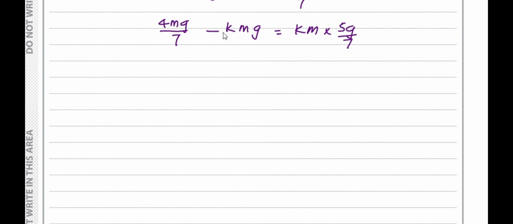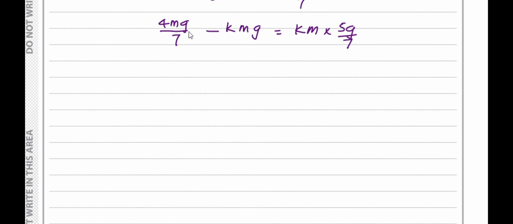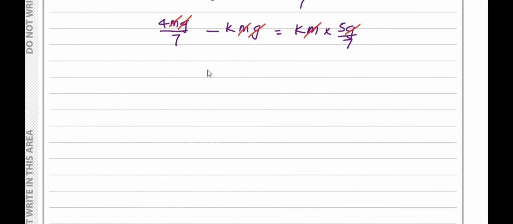Cool. Now what we can do, every item which is common in all the terms can be cancelled off so that our simplification will be easier. See, for example, m is there in all the terms, cancel it out. g is there in all the terms, cancel it out. So now we have got a simpler equation here. 4 over 7 minus k is equal to 5k over 7.